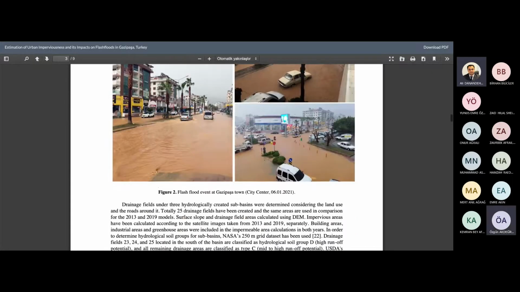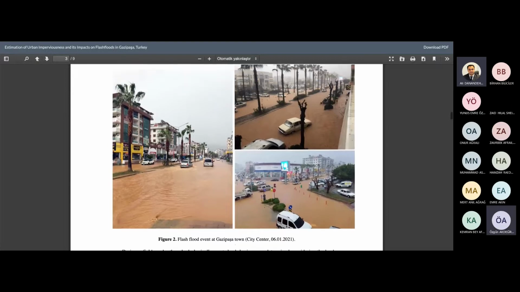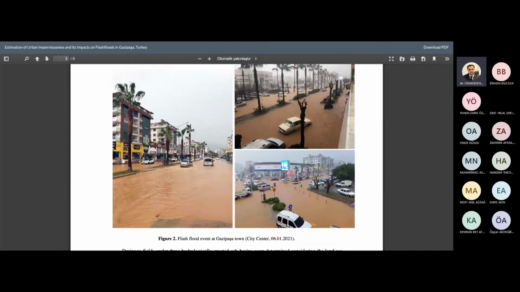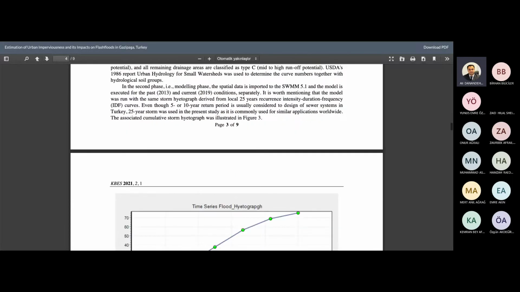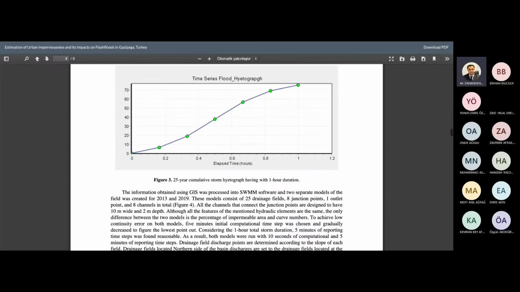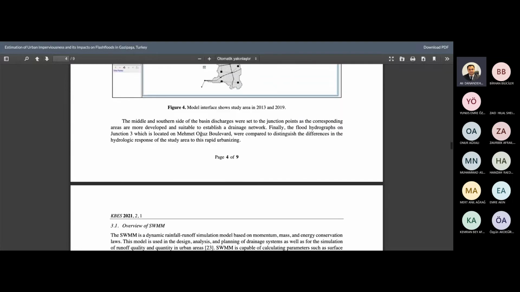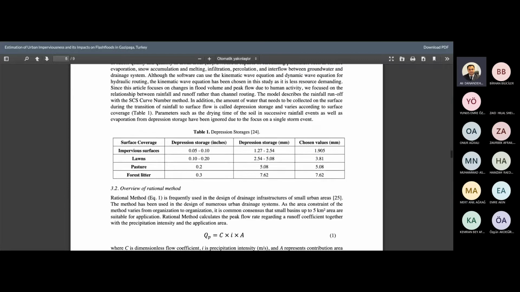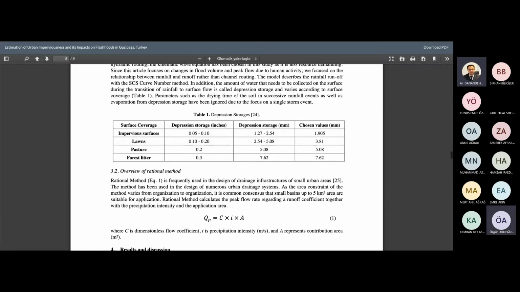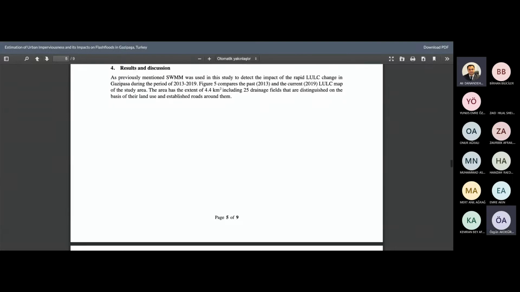Then we started to do analysis with Özgün to check what happens there and why we have such a flooding issue in this region. We understood that the main reason is fast urbanization.